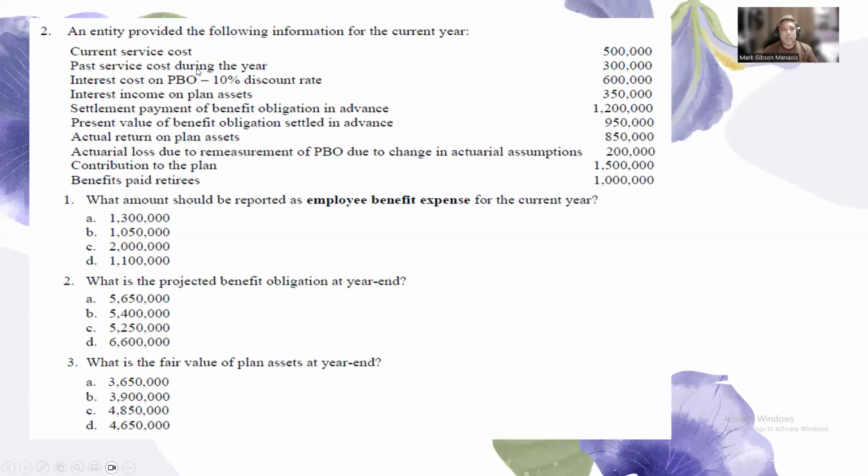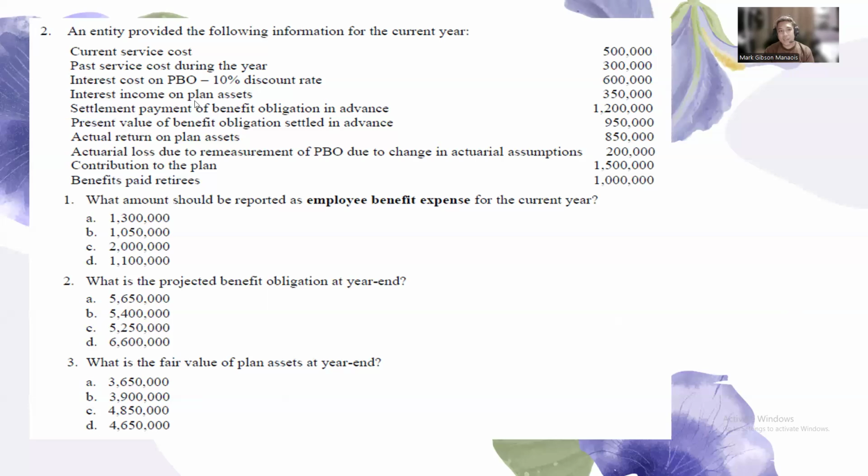No? So an entity provided the following information for the current year. So check ko lang baka hindi ako nagre-record. Okay. So we have current service cost 500, past service cost 300, interest cost. Ito na, class, hindi ka na kailangan mag-compute kasi binigay na yung interest cost sa atin. Interest expense is 600,000.